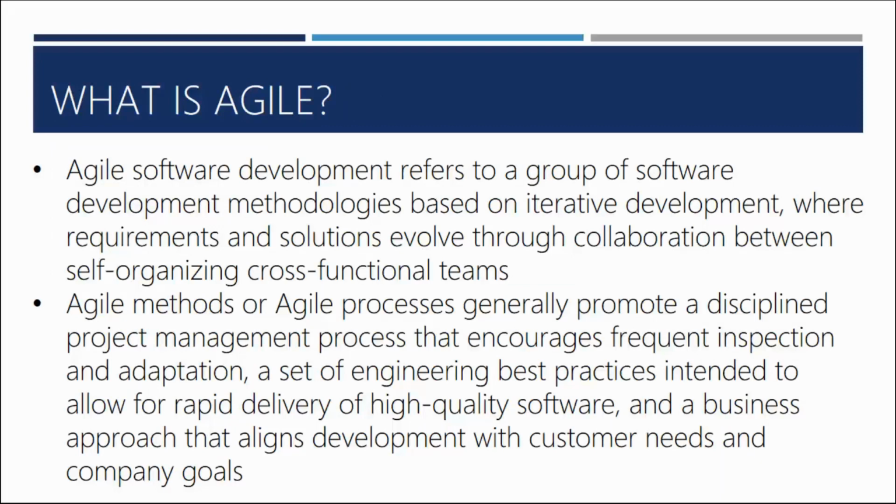So what is Agile? I mentioned this word earlier, Agile. Agile software development refers to a group of software development methodologies based on iterative development, where requirements and solutions evolve through collaboration between self-organizing, cross-functional teams. By the way, the opposite of Agile, or another methodology I should say, is the waterfall approach, which is simply a step-by-step process, right?